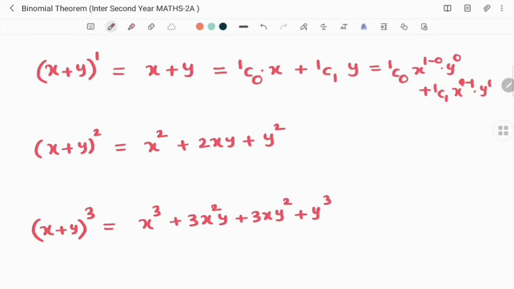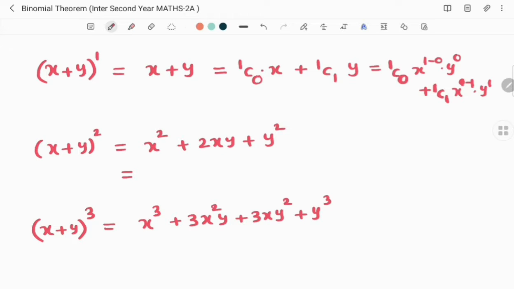x plus y can be written as 1c0 x and 1c1 y. In the next step, 1c0 x power 1 minus 0, y power 0. Similarly, 1c1 x power 1 minus 1 into y power 1. If you follow a similar procedure for the second expansion, x plus y whole square, the index is 2, so it starts from 2c0, 2c1, 2c2.